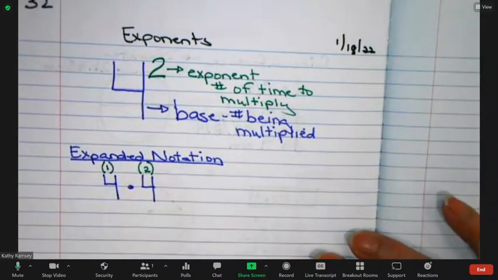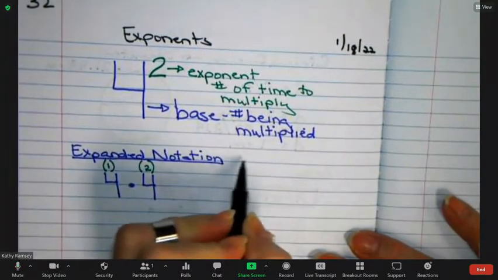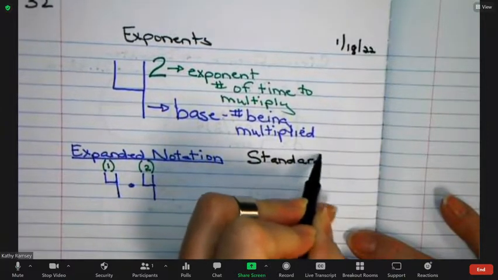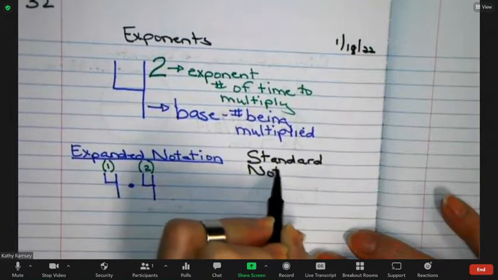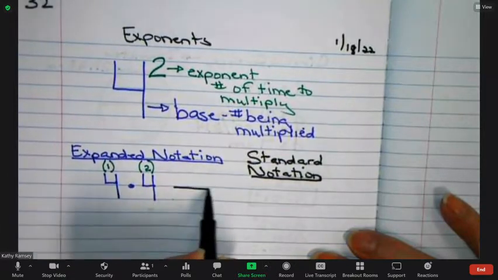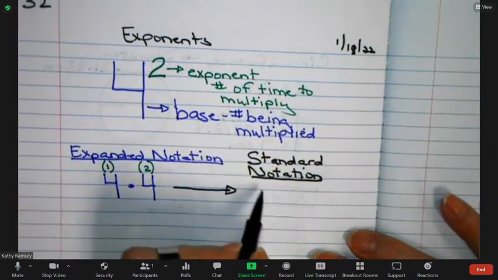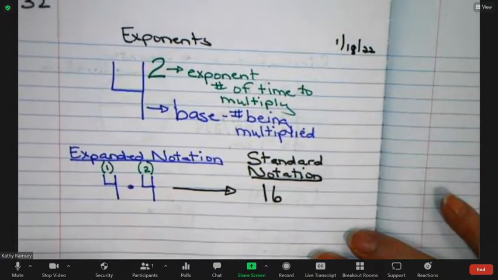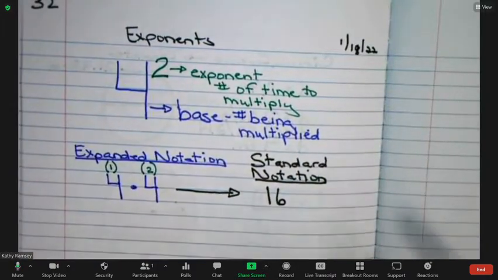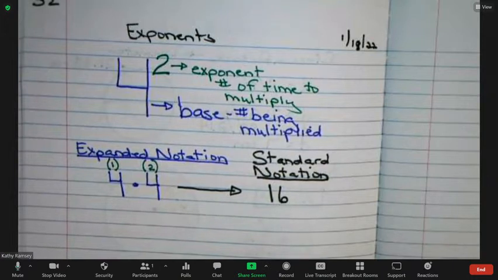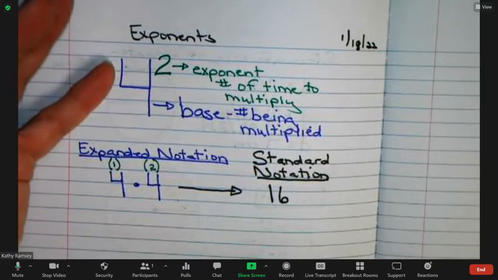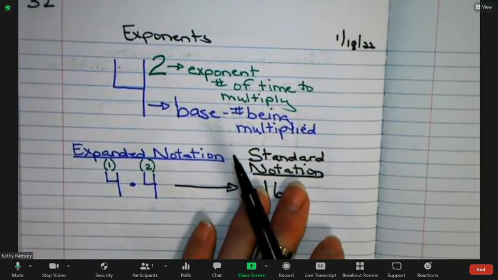So then what we get is standard notation. Four times 4 equals 16. So all three of these are showing the same number. The difference is how it's written. This is the exponent, this is expanded, and this is standard.